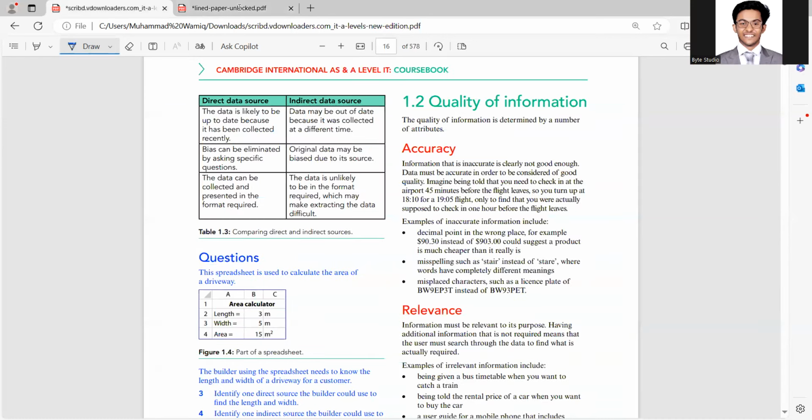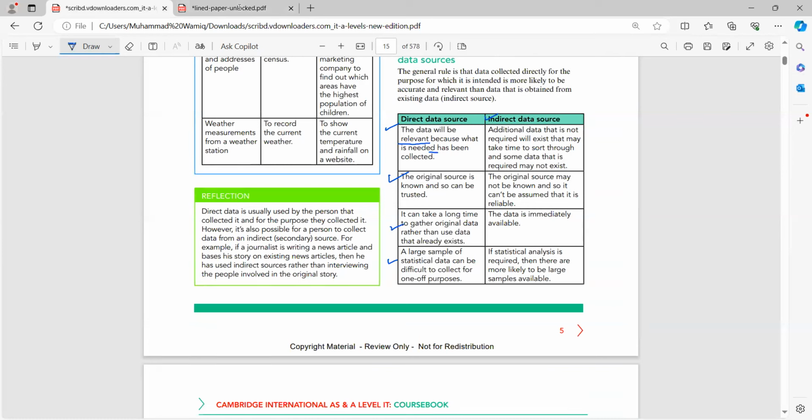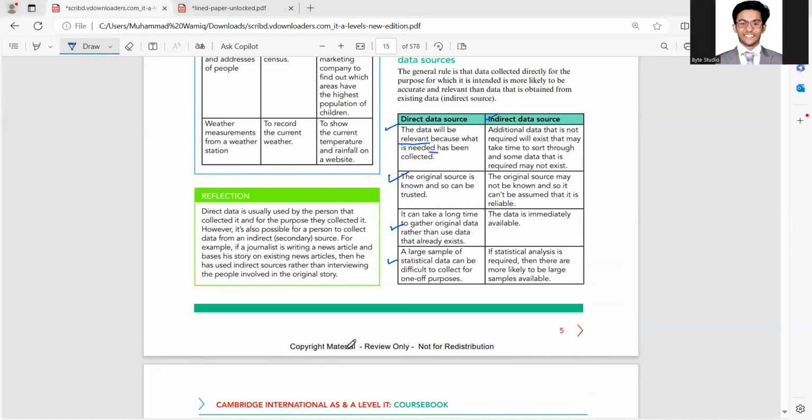Let's also discuss some points for your indirect data source. Now, in terms of an indirect data source, the first thing is that additional data that is not required will exist. That may take time to sort out, and some data that is required may not exist.